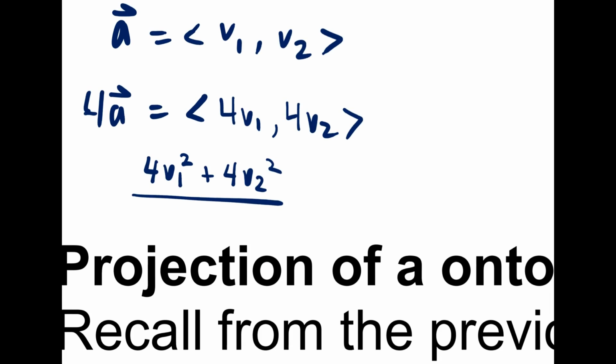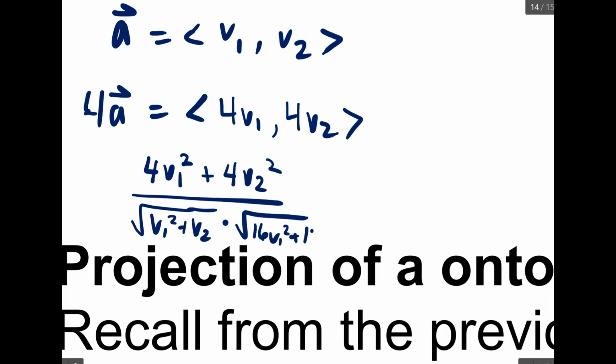So the square root of v1 squared plus v2 squared, times the square root of 16v1 squared plus 16v2 squared. This is running out of room, and I want to make sure we finish the lesson. I'll put it in the notes so you can see it later.